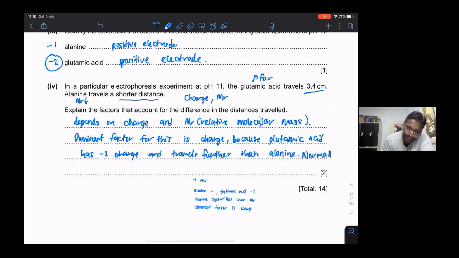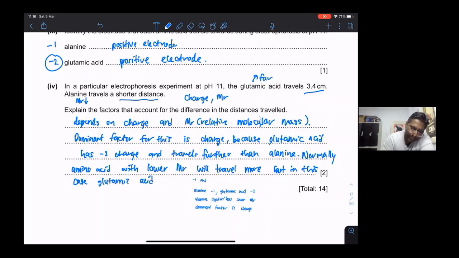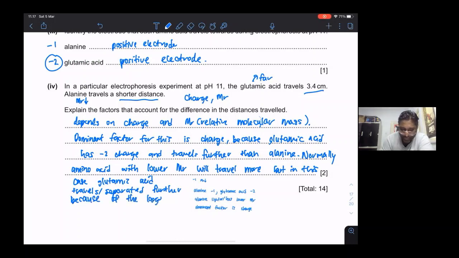Normally, an amino acid with lower MR will travel more, but in this case, glutamic acid travels or separates further because of the larger charge.